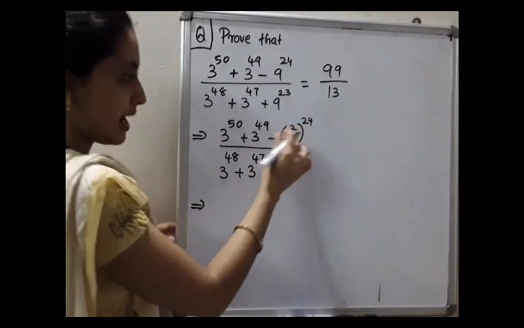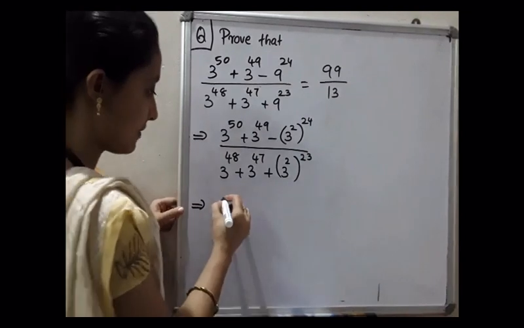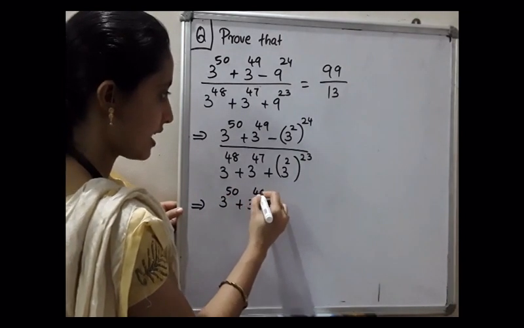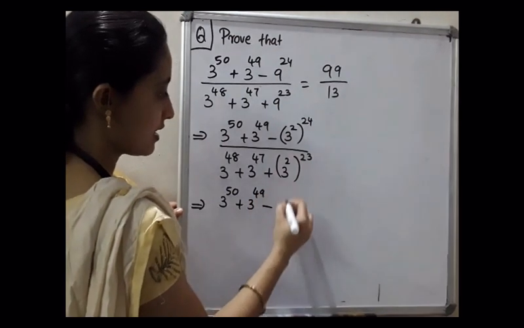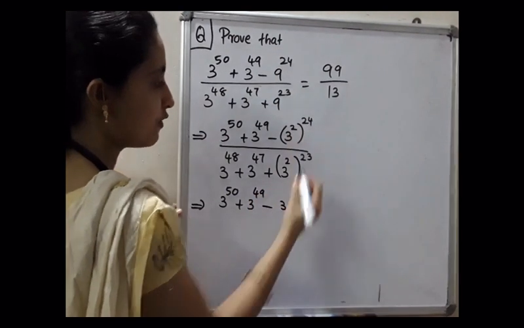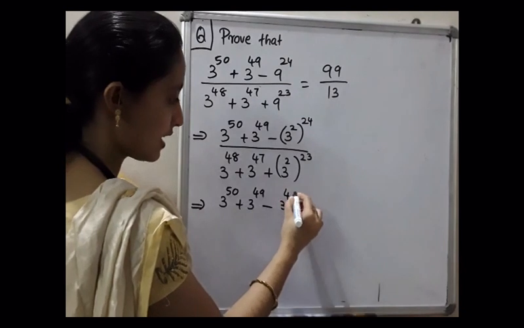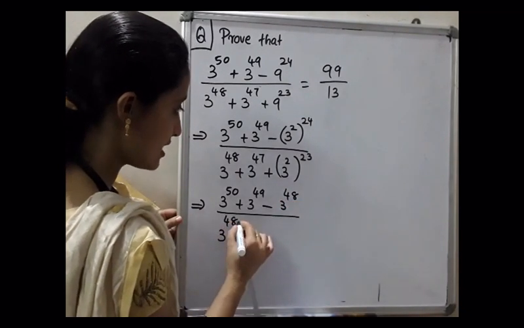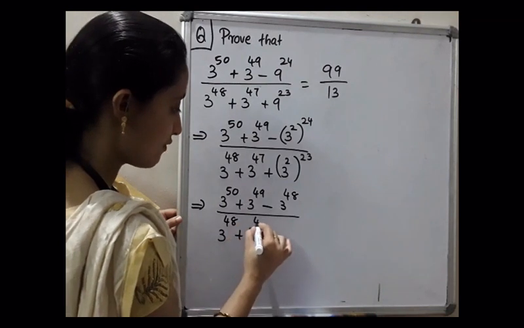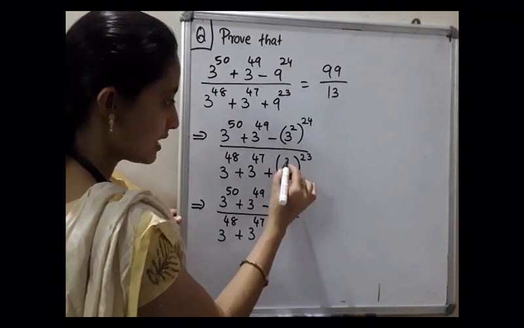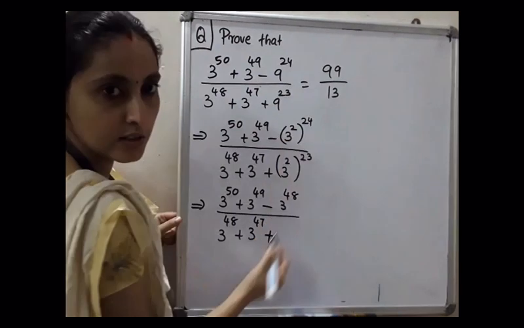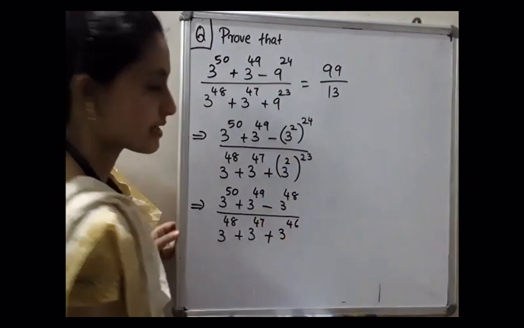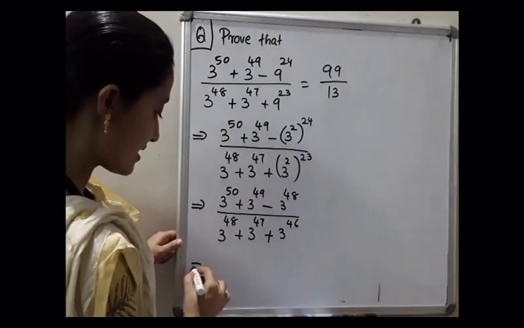Then a raised to m, the whole raised to n, so that is 3 raised to 50 plus 3 raised to 49 minus 3 raised to 2 into 24, that is 48, divided by 3 raised to 48 plus 3 raised to 47 plus 3 raised to 2 into 23, that is 3 raised to 46. Clear?